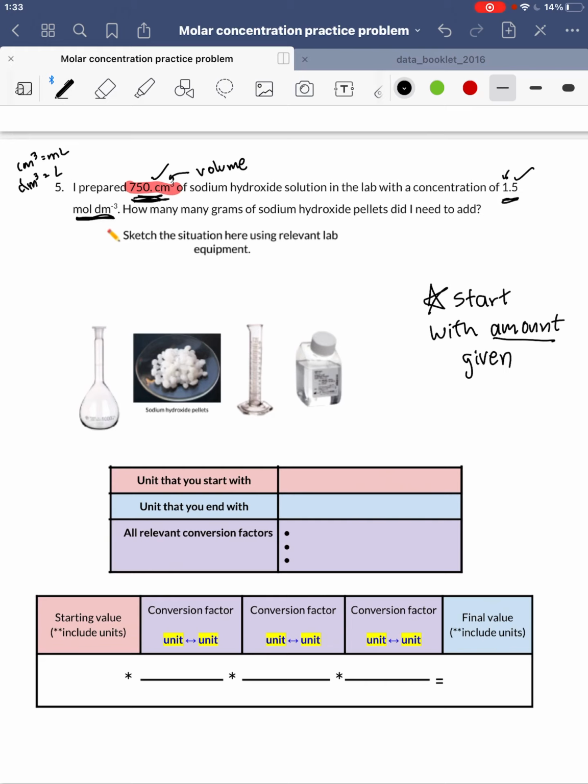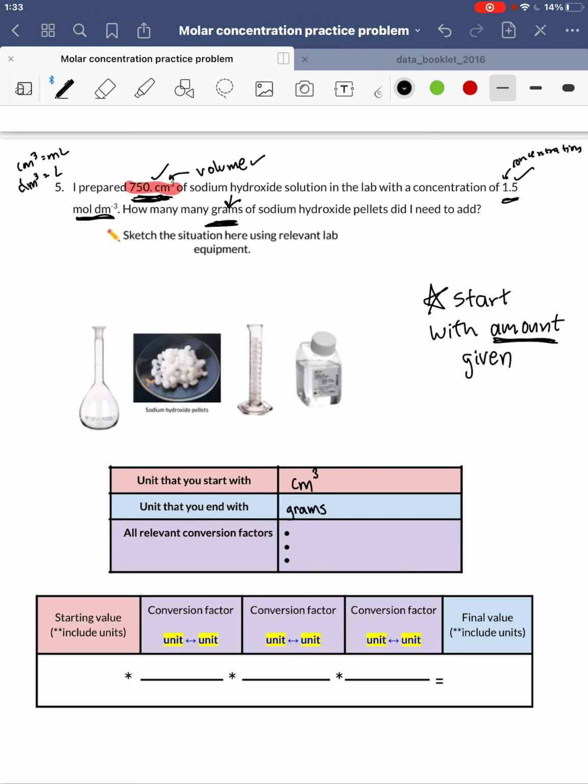And I have a concentration. Well, if I know that I need to start with an amount given, the only amount I have is a volume. So I'm starting in cubic centimeters, and I need to get into grams. That's the unit that it's looking for. It's asking how many grams, so I need to find grams.